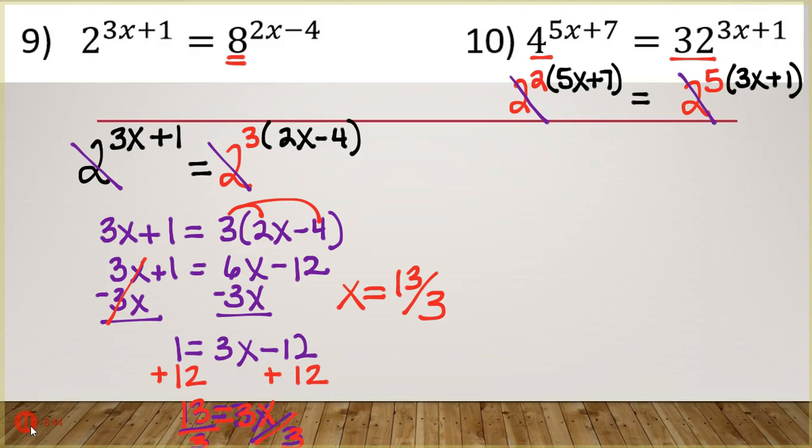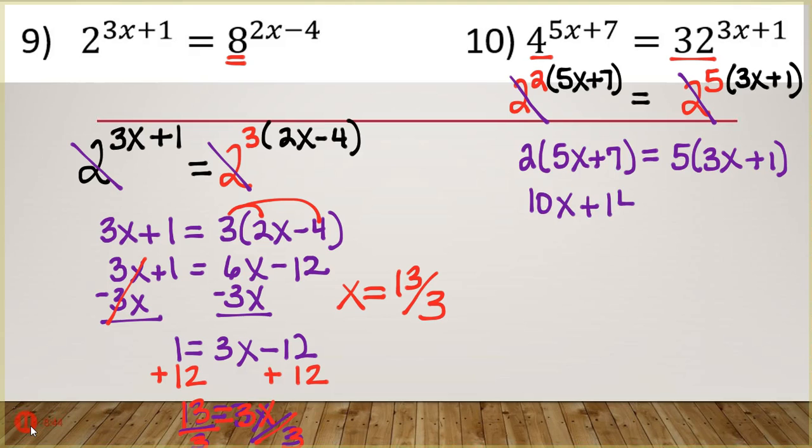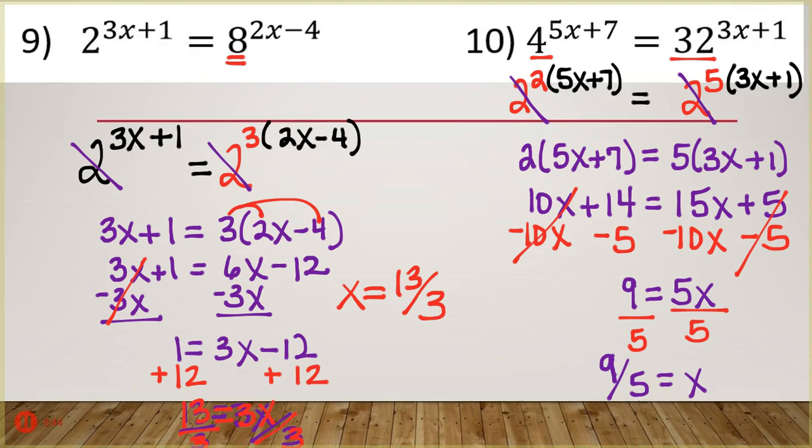Feel free to pause the video at this time and try to solve it out on your own to see if you get the same answer. So if you got x equals 9/5, you got it exactly correct.